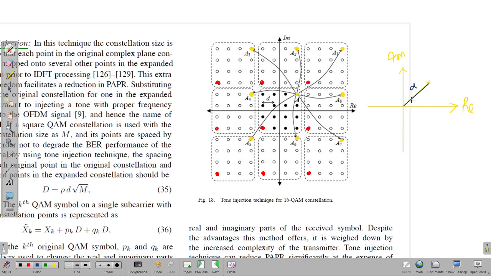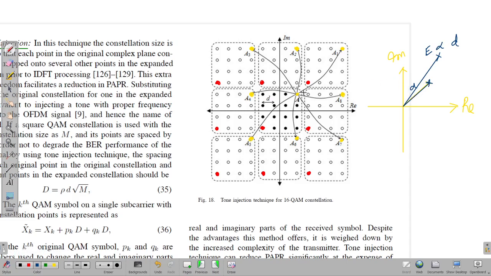This distance is d. This separation d is proportional to the energy of this particular symbol. And if I move this symbol onto some other point in the constellation, you can see that the distance has increased. Now it has more distance, and the phase has become different, and the energy also has become different, right?